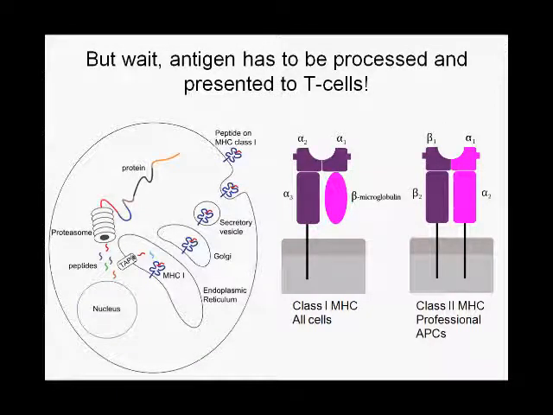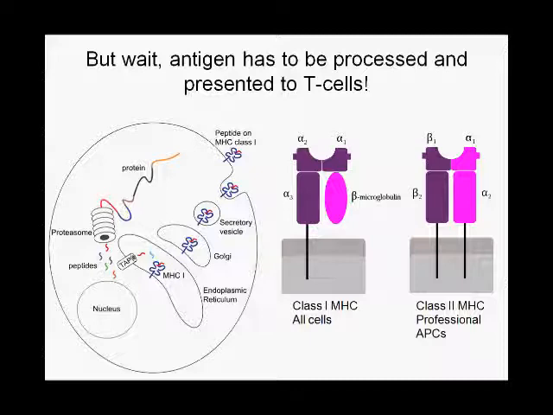Oh, but wait. These viral or bacterial proteins can't directly activate T cells. The T cell receptors are very particular. They like to have their antigens served up properly. And how is that? Well, the antigen has to be processed and presented.